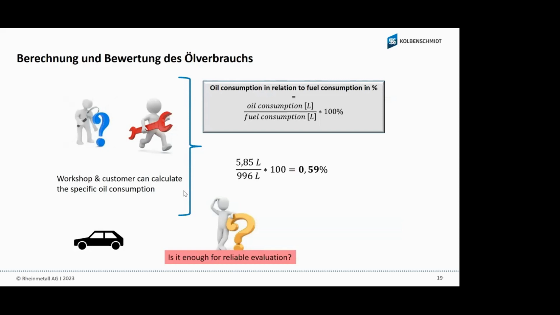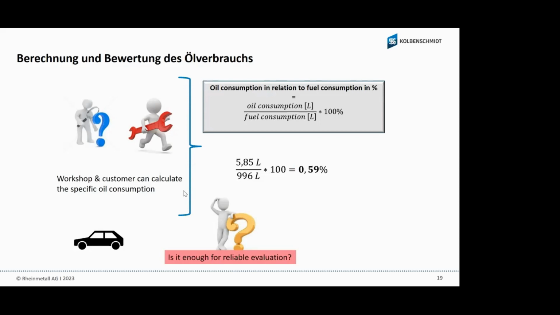Then we calculate it together, and the calculation gives 0.59% oil consumption relative to the fuel. Normally we say 0.5% is normal and can be okay. In this situation, the oil consumption is too high.